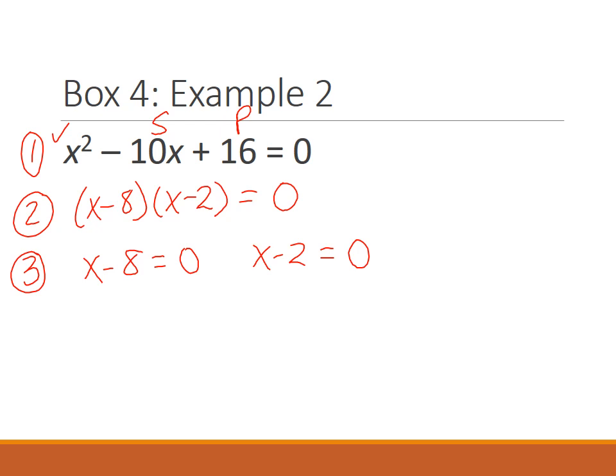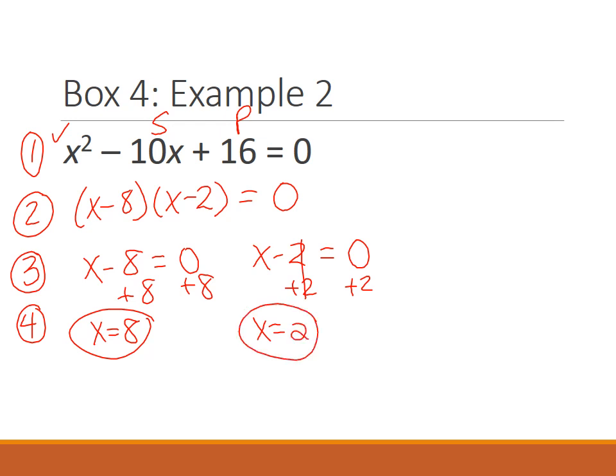So then step 4 says to solve. So what are my possible answers? 2 or 8, because I would add 8. So I get x equals 8. I would add 2, and I would get x equals 2. And those would be my 2 answers.